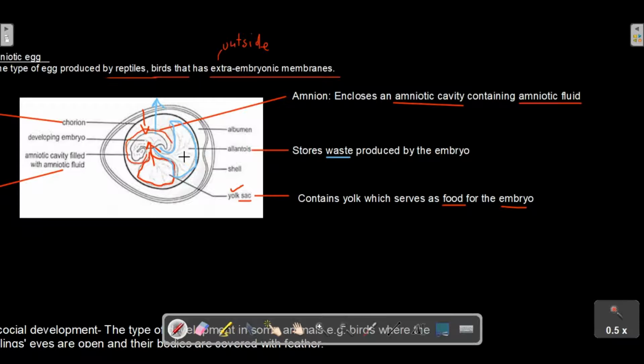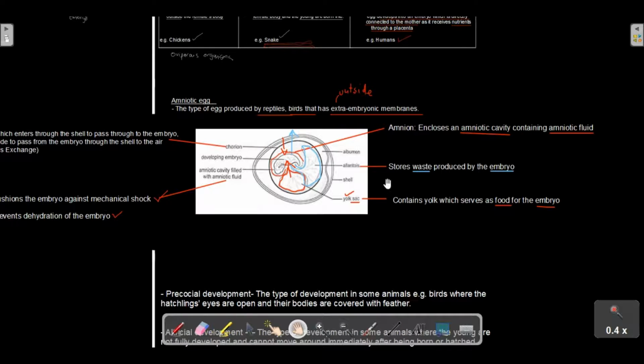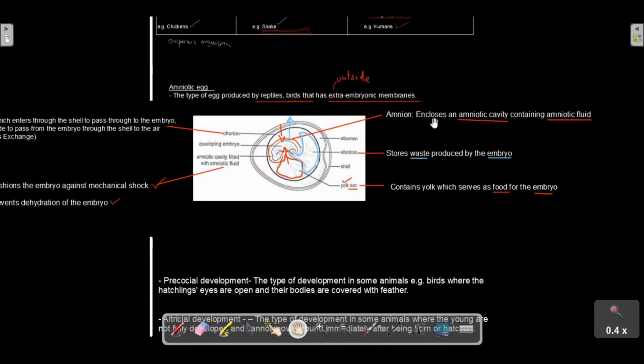So the allantois stores the waste that is produced by the embryo. That's the basic function of the allantois, right? So it's very important that you are able to identify all these different types of structures or extra embryonic membranes in an amniotic egg, and you are able to describe their functions.